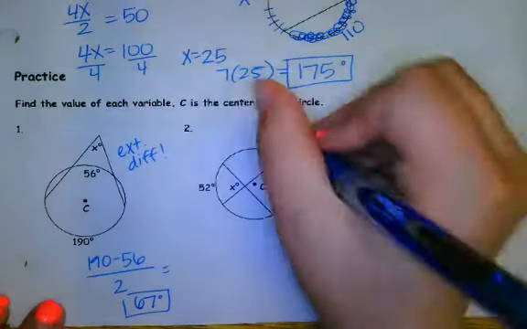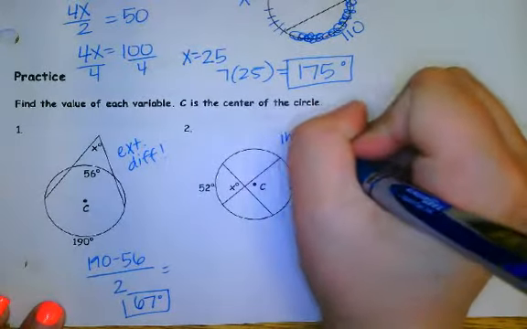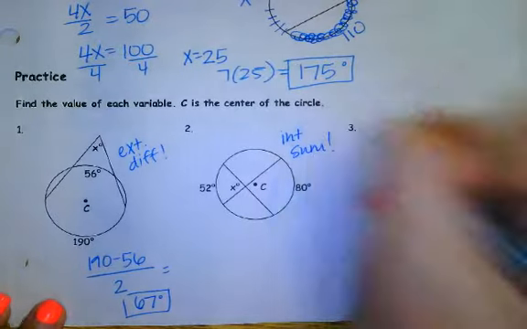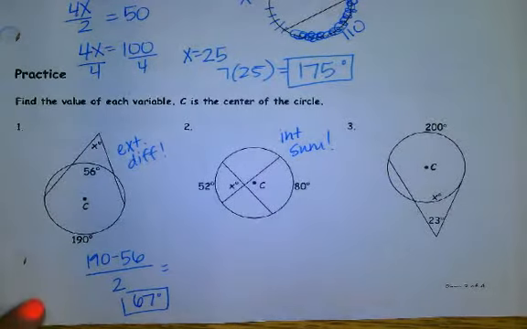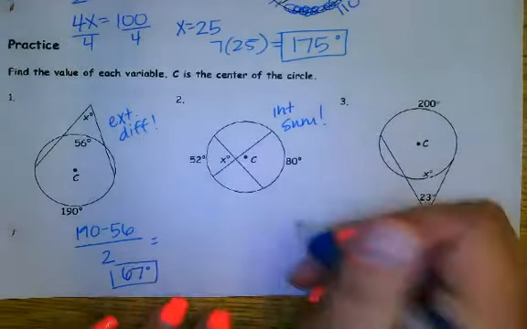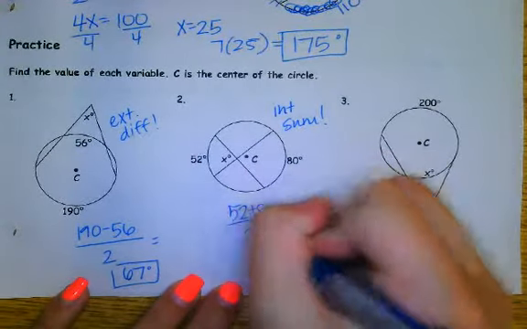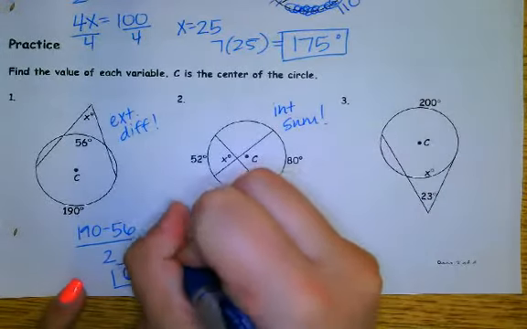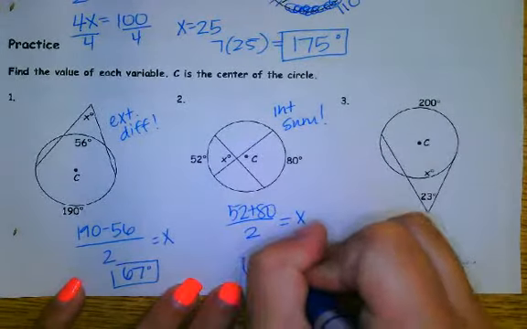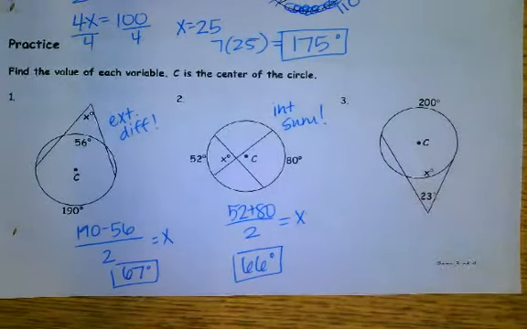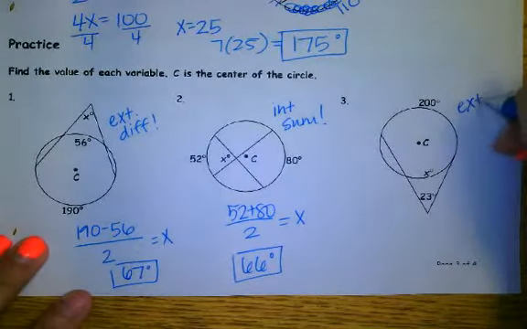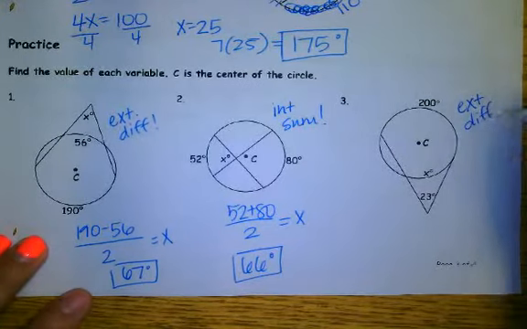Which means sum. Okay, how do I do this? 52 plus 80 divided by 2. Interior, exterior. Which means different. Okay, how do I go about solving this one?